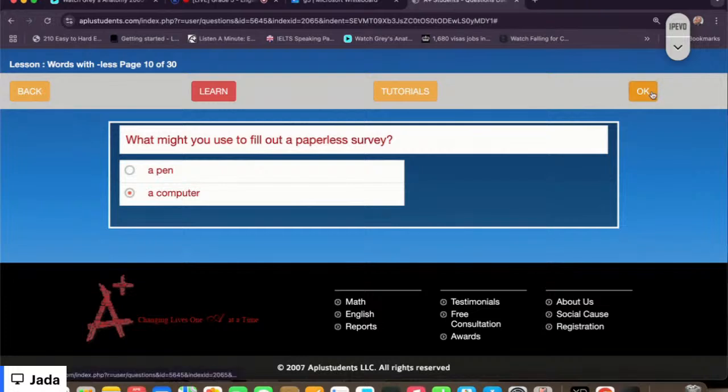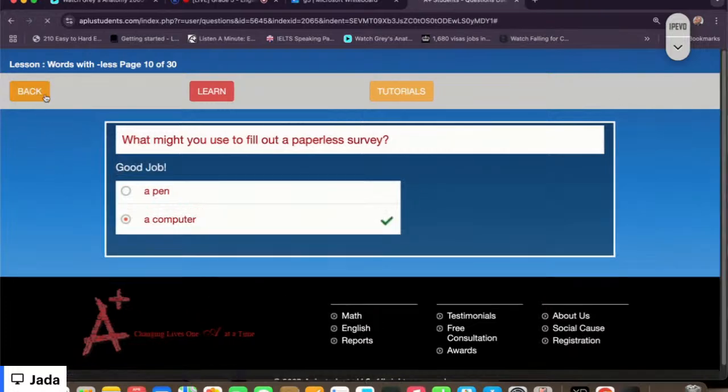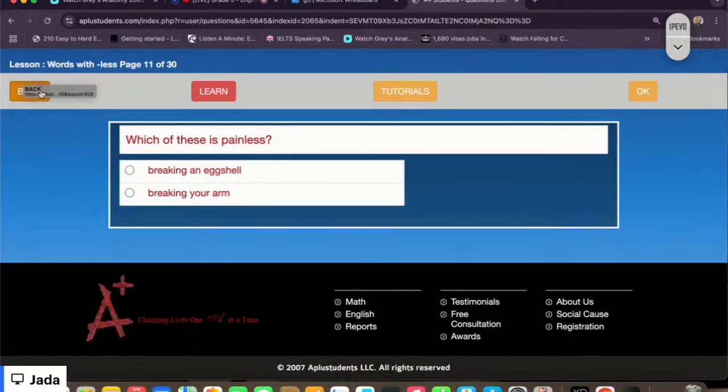So we have what? Computer. All right, that's it for the lesson, which is words with less. We move on to the last, which is words with able and ible.